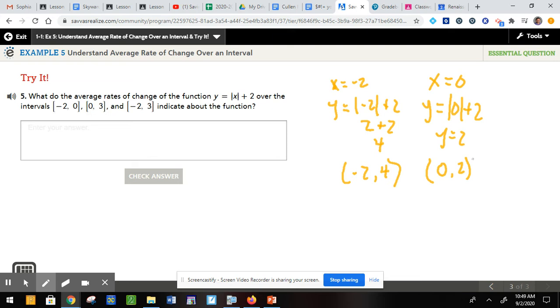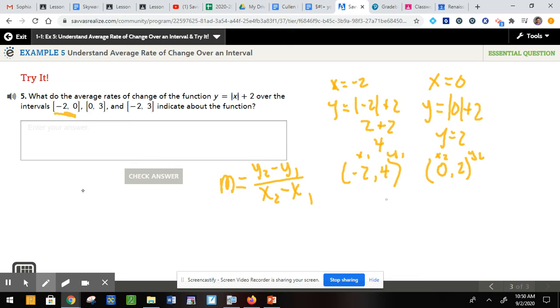The average rate of change for this interval is the slope between these 2 points. Remember, the formula for slope would be y2 minus y1 over x2 minus x1. In other words, it's the change in y over the change in x. So if this is your x1 and this is your y1, this is your x2 and this is your y2, I'm just plugging those coordinates into the slope formula to find my average rate of change.